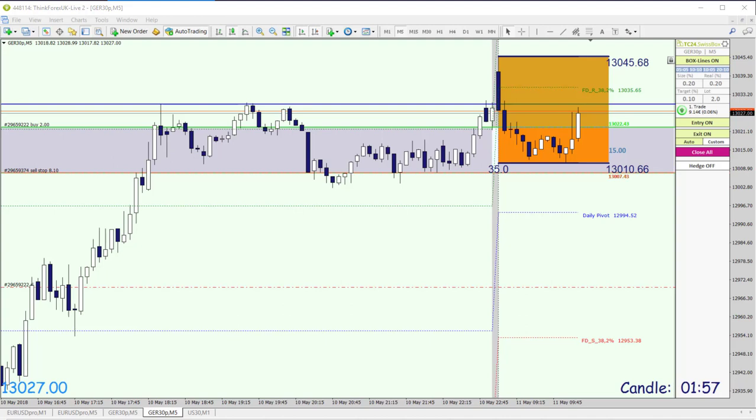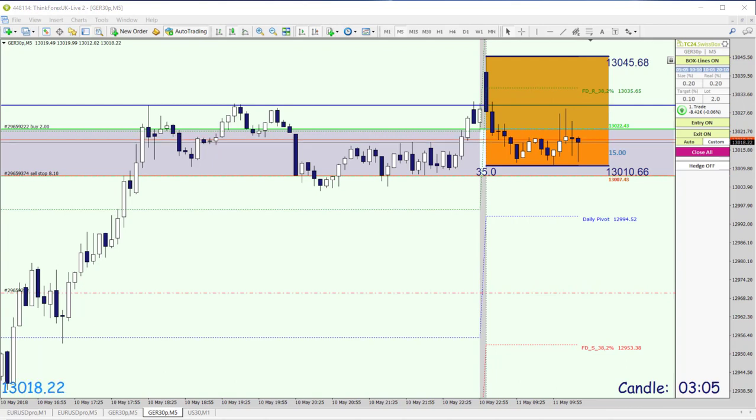So looking here for the final push, 2 more points. Oh, come on. 17 minutes past 9, still in the first trade. Very quiet market indeed.